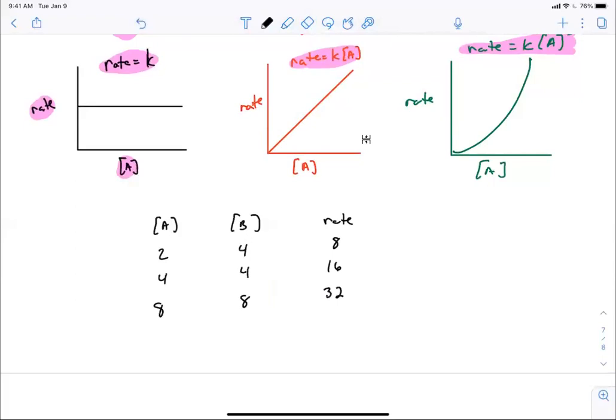This is one of the tricky ones, given a table where you can't find constants for both exponents. So you can only solve for one of them by using this.